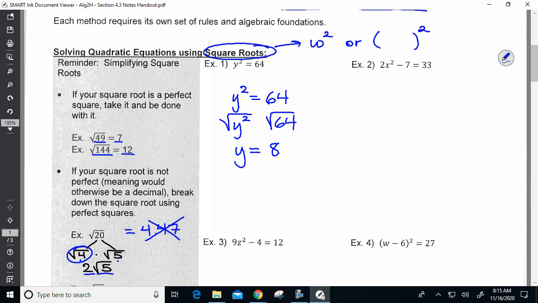However, there is another number that will give me 64 if I square it, and that's negative 8. 8 to the second power is 64, negative 8 to the second power is 64. So both of those are my answer. To make sure I indicate that, you use the symbol plus or minus.